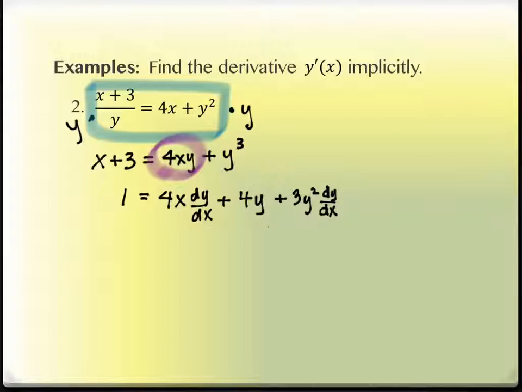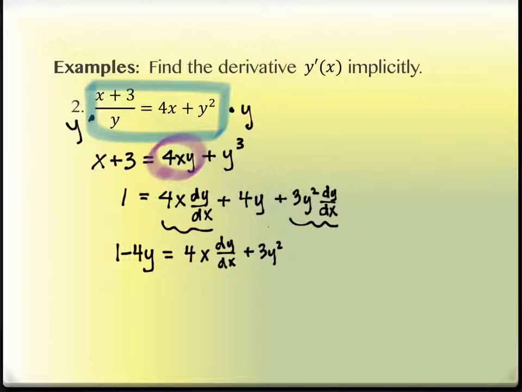Okay, so you've seen this kind of algebra before, but it's not something we do on every problem. So what we're going to do is keep the dy dx's on the same side, but move everything else over. So we move the 4y, so I have 1 minus 4y. And I have the 4x dy dx and the 3y squared dy dx.